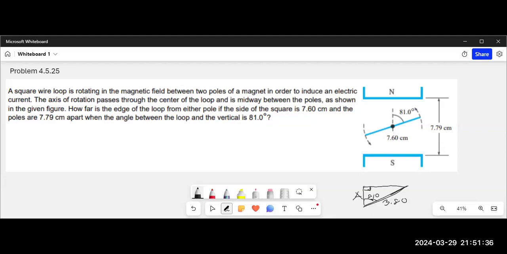And cosine of 81.0 degrees is equal to that adjacent side divided by that hypotenuse.